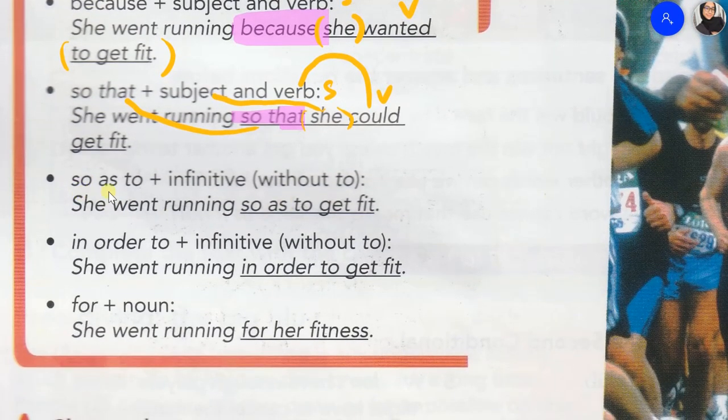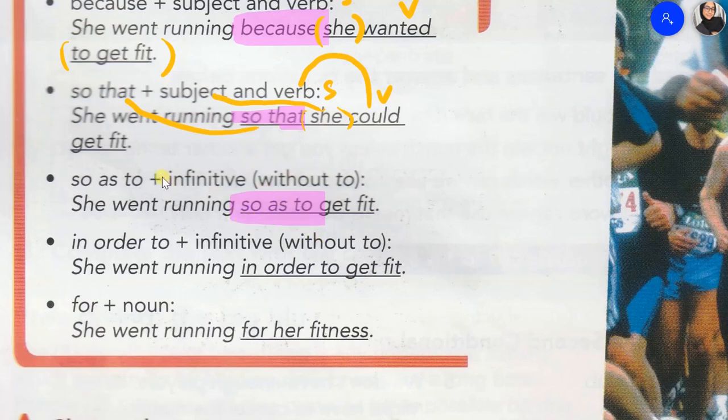Next, so as to, followed by infinitive without to. She went running so as to. Just like because and so that, we use so as to indicate reason.